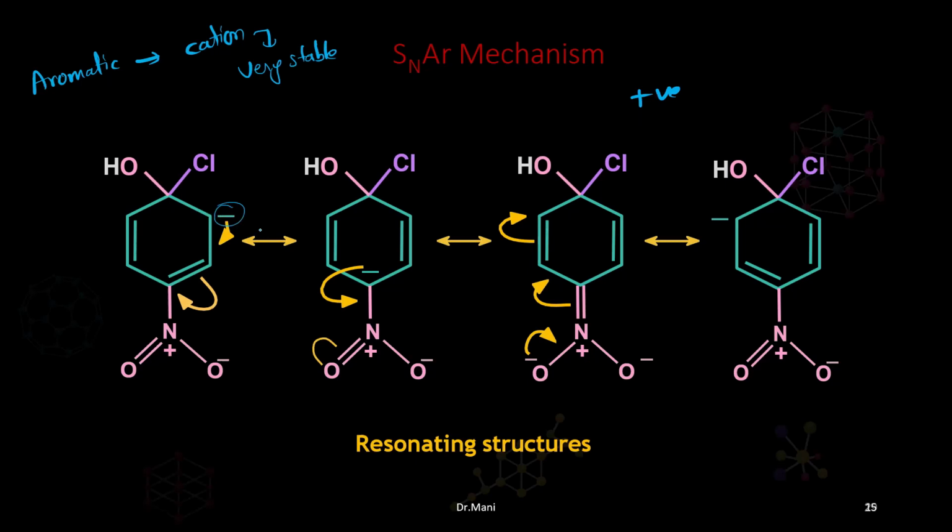Understood? So whenever the chlorine is removed, it will turn out to be a positive charge, which is very unstable, but you got the negative charge here. So because of this resonance, you are stabilizing the structure. Clear? Yes, sir.